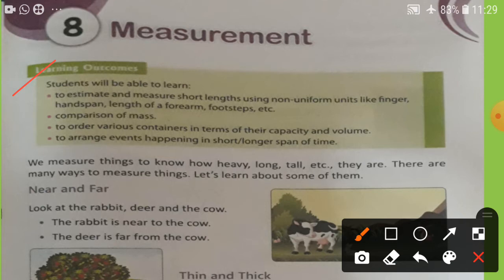Now, children, we measure things to know how heavy, long, tall, etc. they are. There are many ways to measure things. Let's learn about some of them.